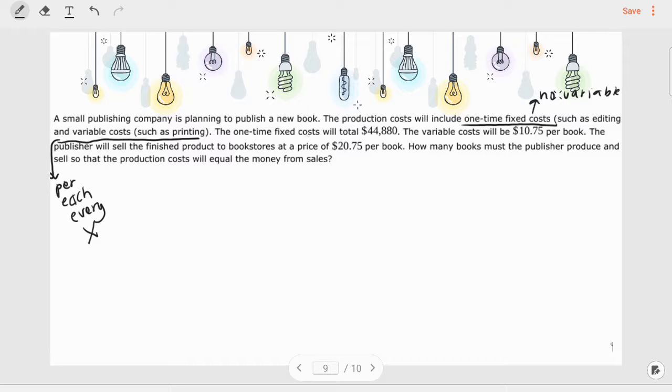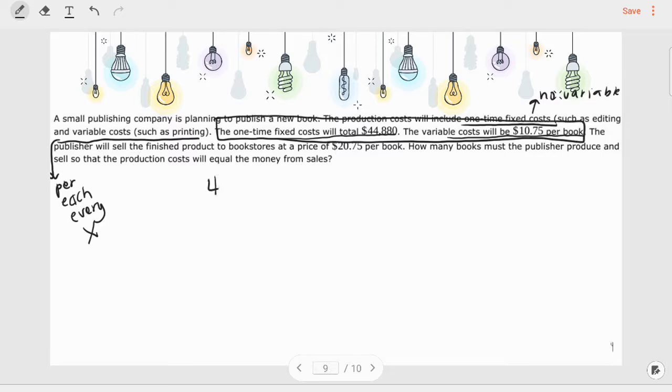The one-time cost, fixed cost, will total $44,880. The variable cost will be $10.75. Okay, so let's go ahead and write the expression for the costs of my book.